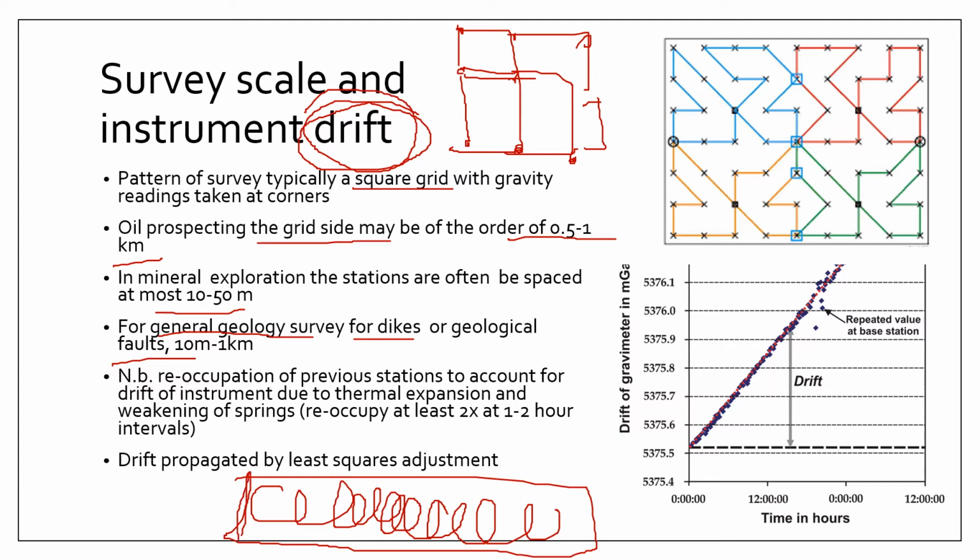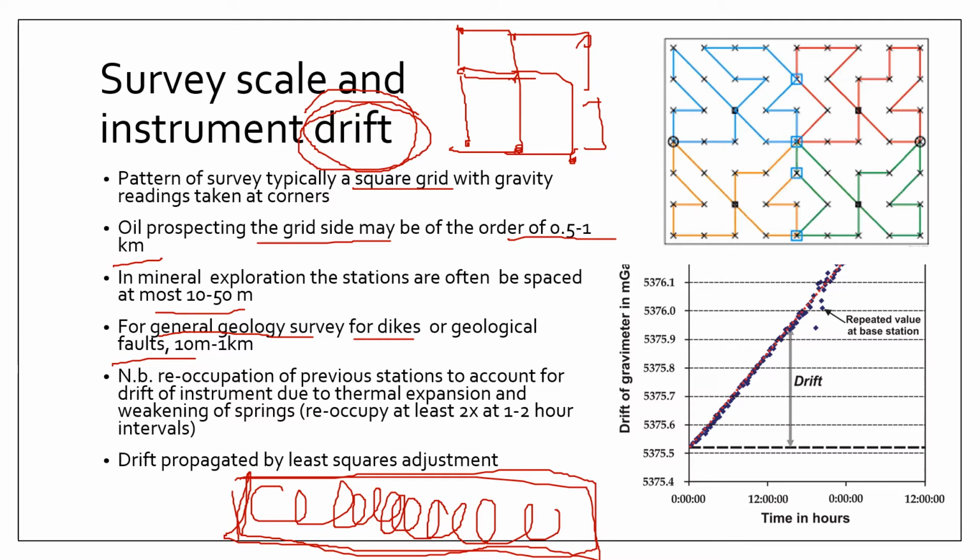So when you're doing a survey under high temperatures, the spring will expand, and you will be getting gravity readings that are erroneously high. And there are other things that affect the performance of your spring.